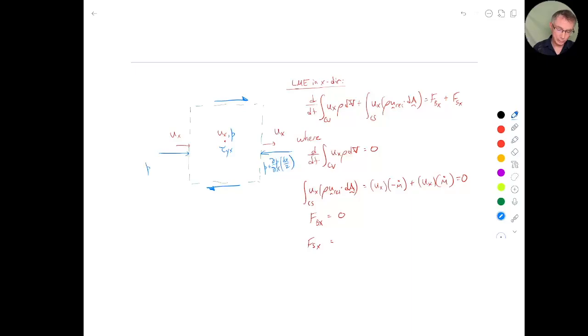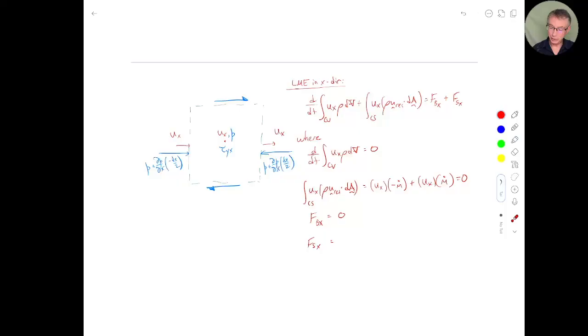And the pressure on the left will be P plus dp dx times minus dx over 2. Right? We're doing this game again where we say the pressure is P at the center, and then we see how the pressure varies in the x direction as we go from the center to the right, times how far we've moved to get there. And then we do the same thing as we go left, but as we go left, we're going a distance of minus dx over 2.